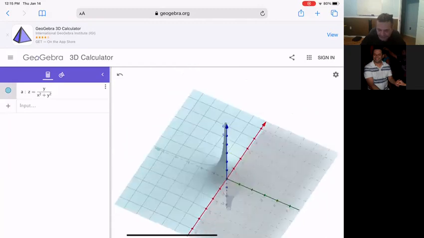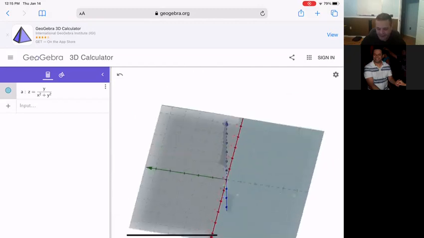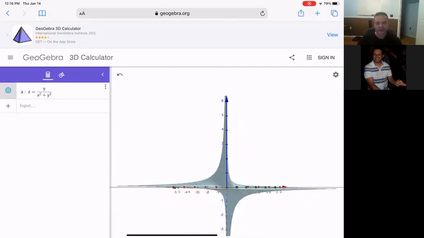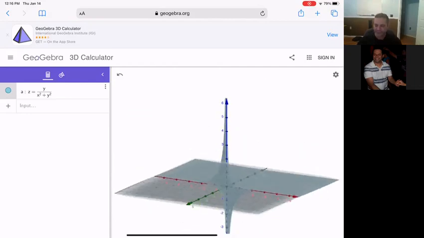So see, on one side it's going up like that. On the other side, it's going down. So based on our level curves, we're able to get a picture of what this thing looks like, and you could graph it as well and see. Okay, all right. I'll see you in the next video.